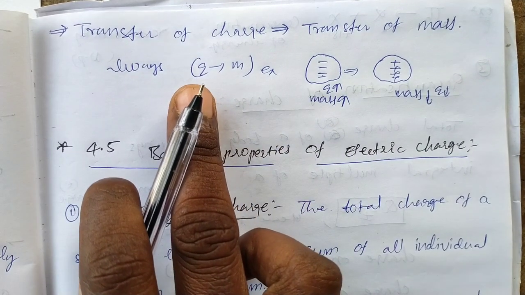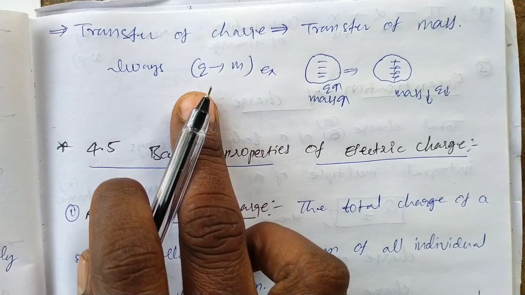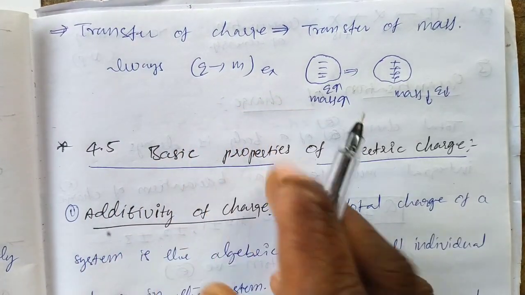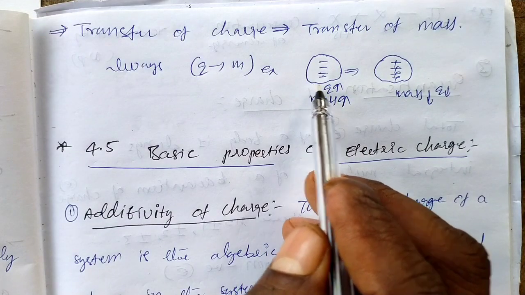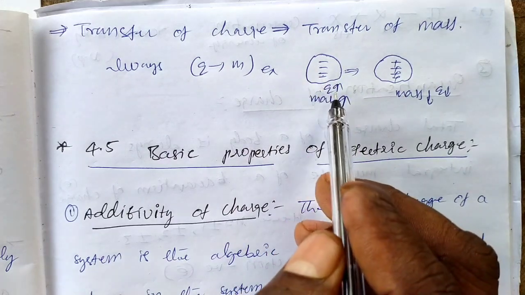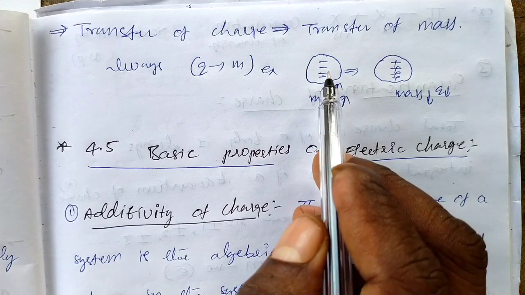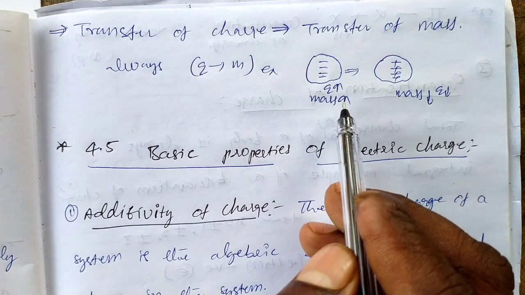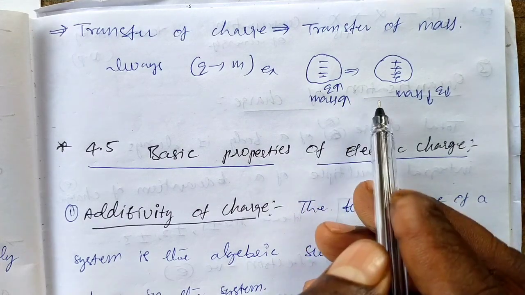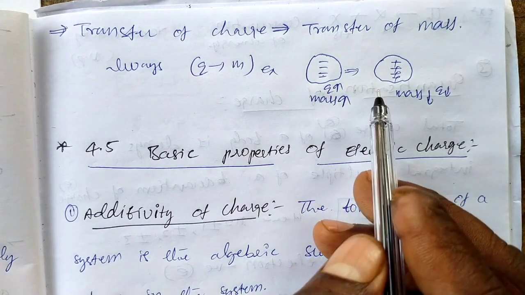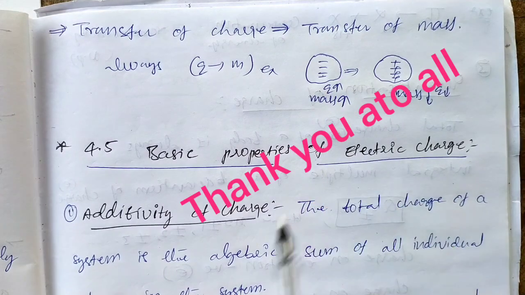Like heat transmitted from higher to lower, high charge can be transferred to low charge carriers, so mass increases in one and decreases in the other. When charge carriers are transferred, the mass also changes. Thank you.